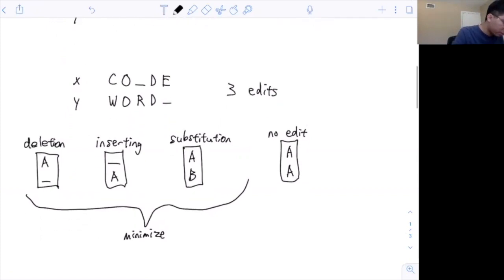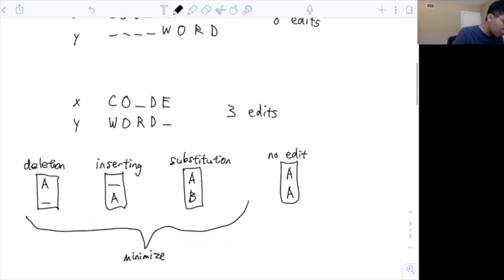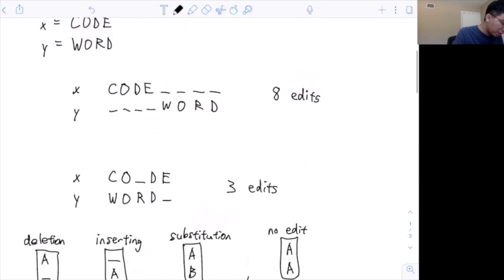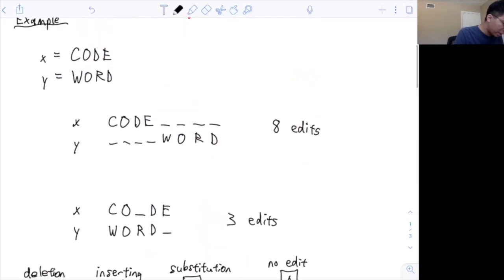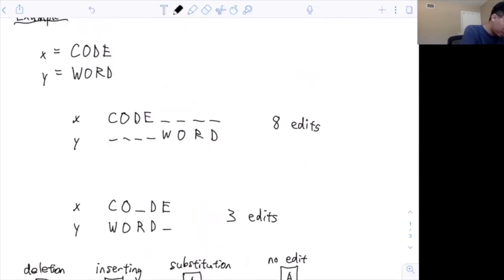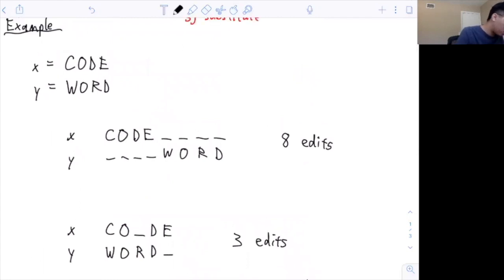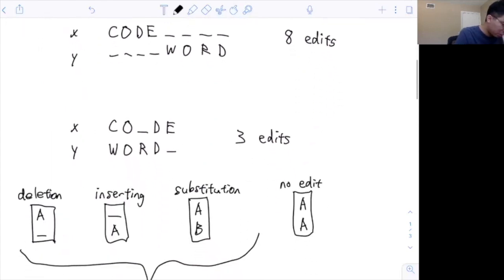In this case, one logical subproblem to use, because we're dealing with strings, is substrings. So let's say that instead of finding the minimum edit distance between code and word, we find the minimum edit distance between some substring, let's say CO and WOR. This might be a logical step, so we're going to try it.